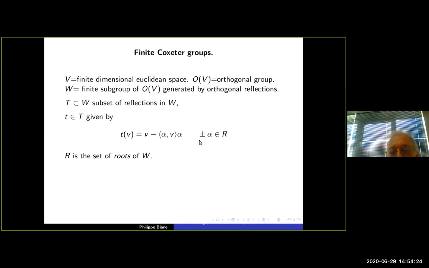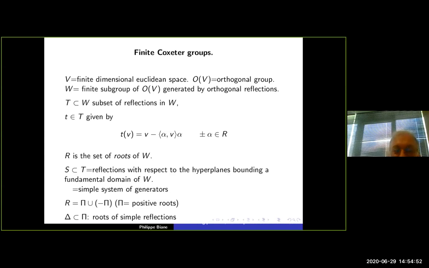The vectors alpha or minus alpha which occur when t is a reflection are said to be the roots of the group W. It is a finite set of vectors in V, and it has to satisfy some relation in order that the reflections associated to these roots form a Coxeter group.